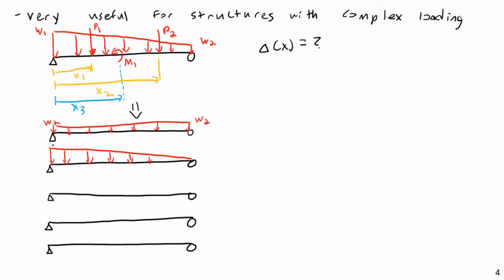W1 minus W2. Then I'd have another beam with the point load P1 here, another beam with the load P2 here, and then I'd have my moment beam, or my couple beam.